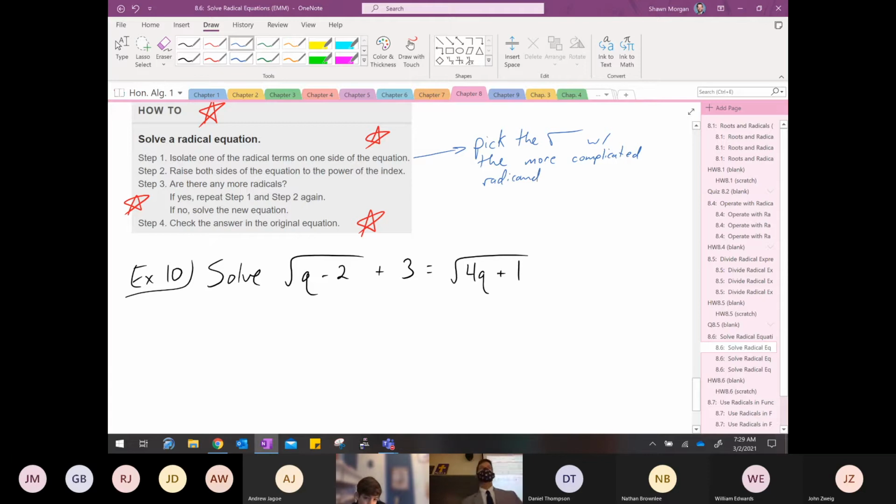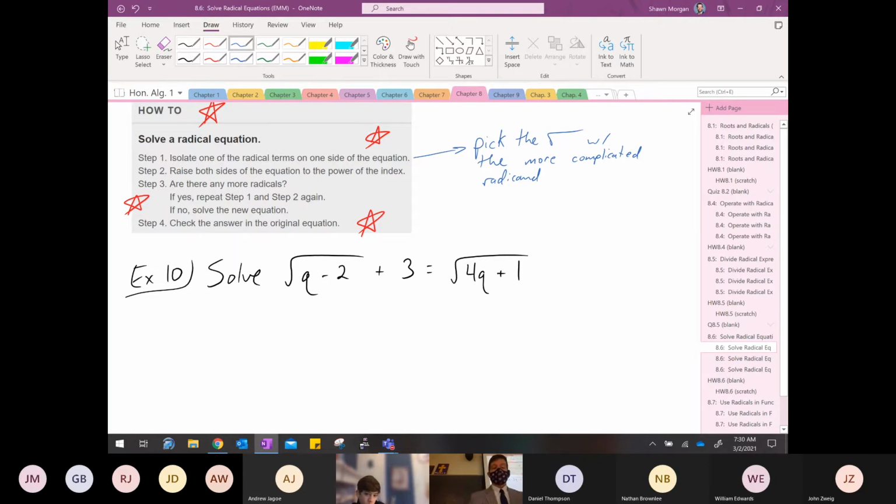All right, so I like to isolate the radical that has the more complicated radicand first. That makes life just a little bit easier. Okay. So in that case, actually that's already done for us, right? Between q minus 2 and 4q plus 1, 4q plus 1 is just a little bit more complicated, so it would be a good convention to just isolate that one. And it's already isolated, and so that's kind of nice. They've done the work for us.